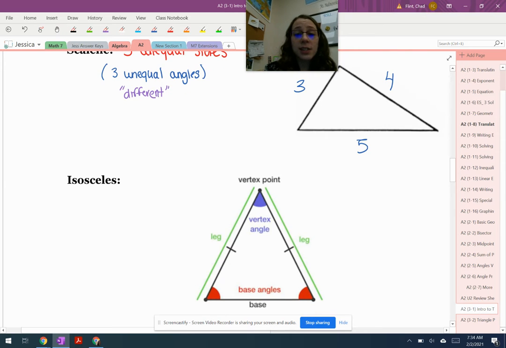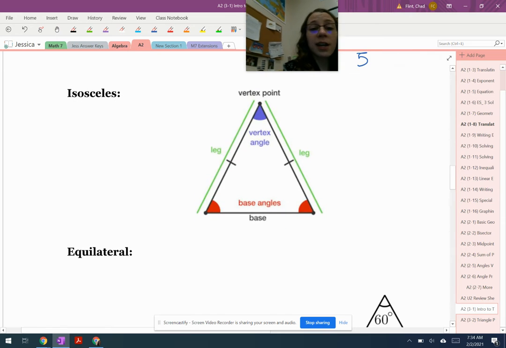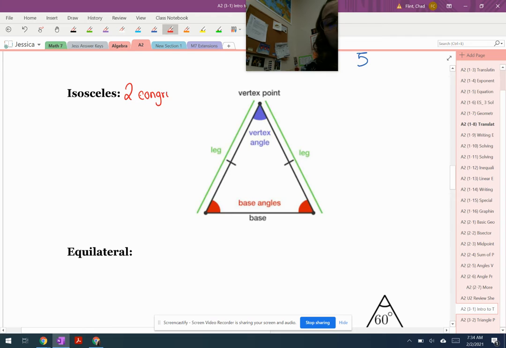An isosceles triangle, on the other hand, has two congruent sides.